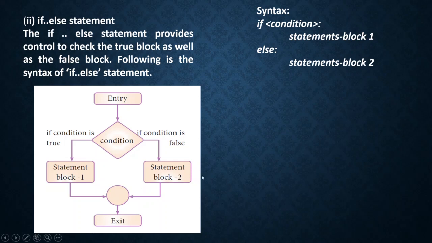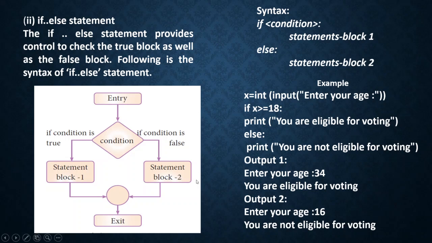Okay, so now let us see an example. Here we are taking the same example, eligibility for voting. We have the condition x greater than or equal to 18. If the value of x satisfies the condition, the first block, which is the true block, will be executed.